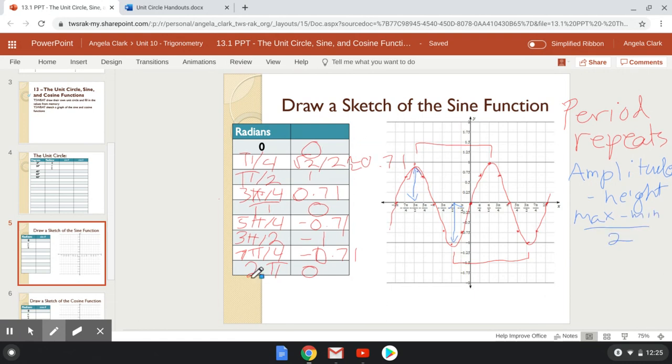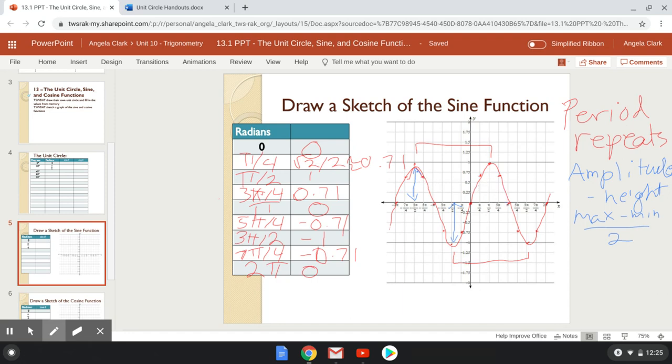So it's half the distance between these two, which in this case is 1, right? This, even though it's not well drawn, is up here at 1, and this is down here at negative 1. So this distance is 1. This distance is also 1. So in this case, the amplitude is 1.